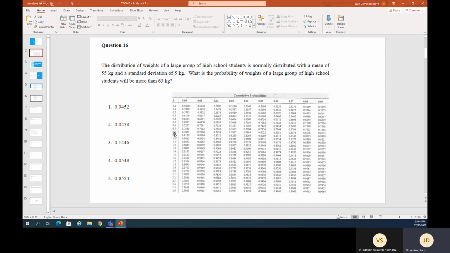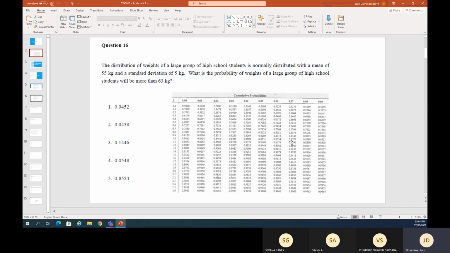Again, you will get the tables in a booklet, but else you need to use the tables that are in your study guide, and again open book, so you will be able to use the ones that you have.